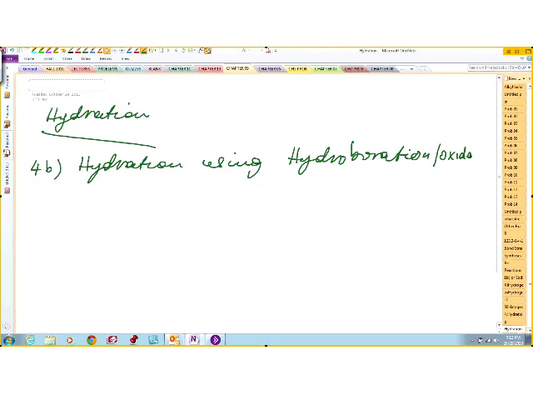Hydroboration oxidation to give ketones, or ketone or aldehyde, depending on the alkyne that you are starting with. Ketone or aldehyde.